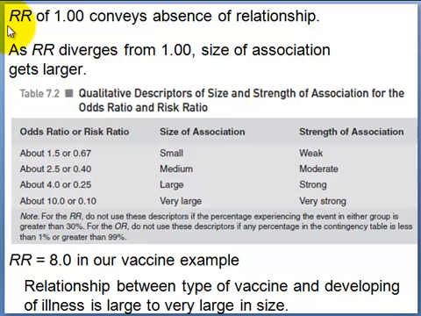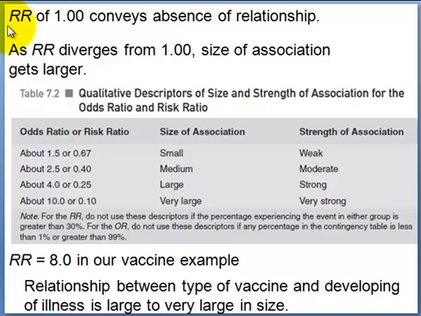One is that a risk ratio of 1 conveys the absence of a relationship. For instance, if 6% in group 1 and 6% in group 2 develop the illness, then our risk ratio would be 6% divided by 6%, which is 1.